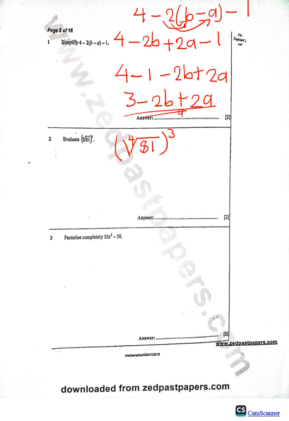So let's check for 3. 3 times 3 is 9, times 3 is 27, times 3 is 81. So the fourth root of 81 is 3, raised to the power 3.